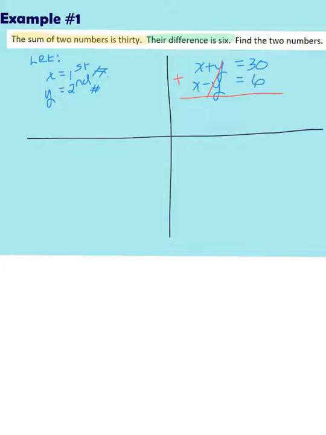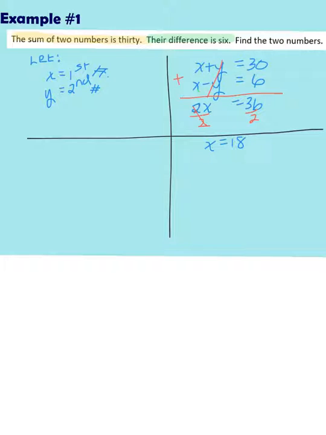Okay, so hopefully you were successful with that. Now, x plus x is 2x. And 30 plus 6 is 36. Divide by 2. And then x is equal to 18. Then we need to find y.